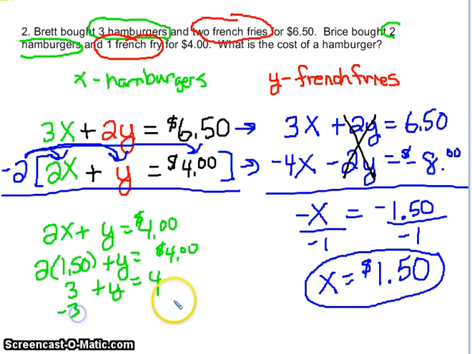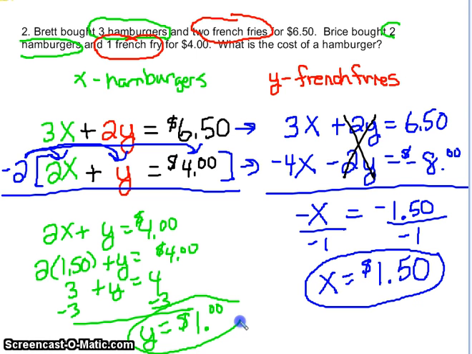And if we subtract 3 from both sides, the price of our French fry is $1. So a hamburger costs $1.50 and a French fry costs $1.